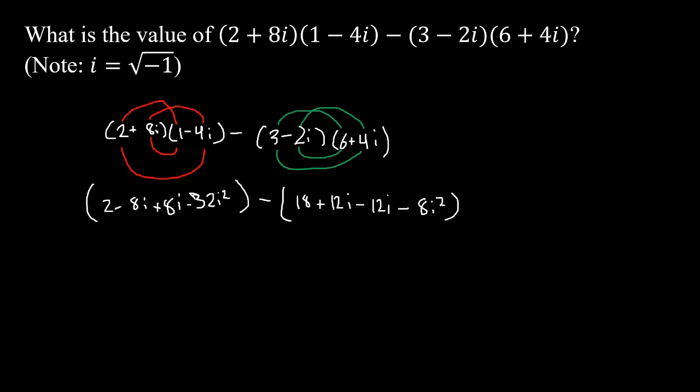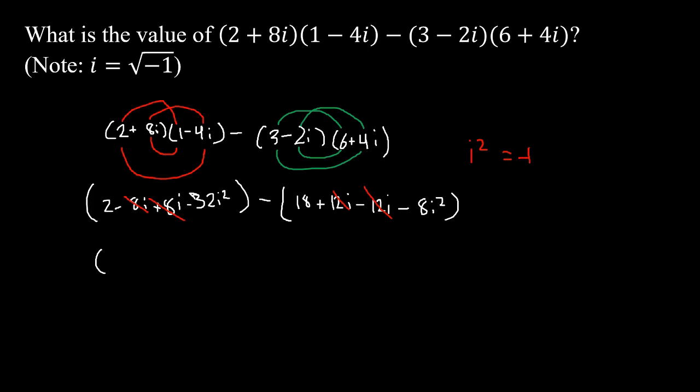And now let's simplify these. The minus 8i and plus 8i are just going to cancel. Same thing here: the plus 12i and minus 12i are going to cancel as well. And it is important to note that i squared equals -1.